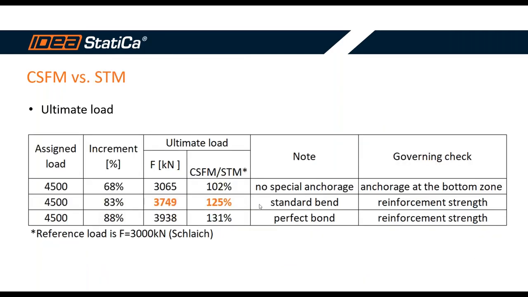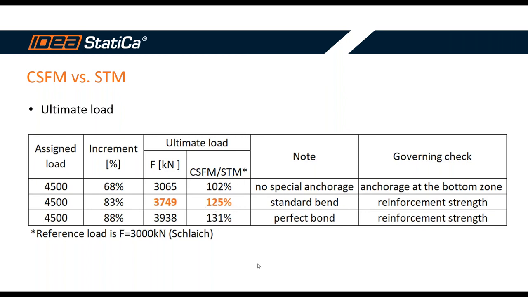So we should compare the CSFM model with this special anchorage, with the standard bend, to preserve the same assignment, the same task. So I did this. I showed this during the modeling, that we used the bends, and the ultimate load is 3,749 kilonewtons. So we got 25% higher load than in STM.